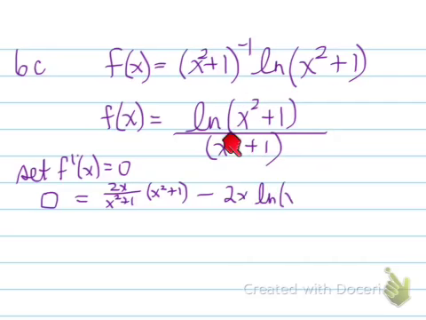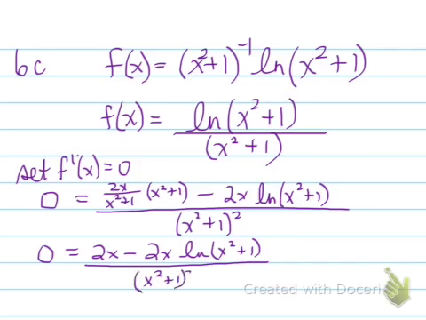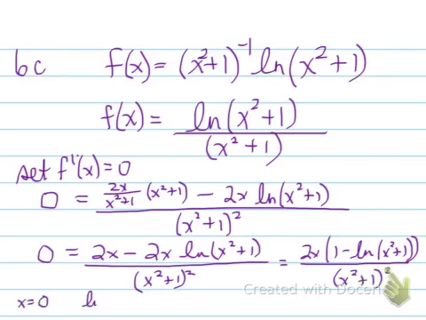When you do that, you need to realize that this x squared plus 1 over here will cancel with this x squared plus 1 over here. So you're left with just 2x here minus 2x times ln of x squared plus 1. So 2x can be common factored out, and once we factor out the 2x, we're left with 1 minus ln of x squared plus 1 all over x squared plus 1 squared. We set it equal to 0. We find out that x equals 0.